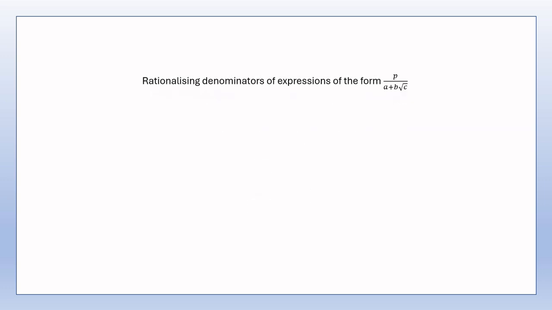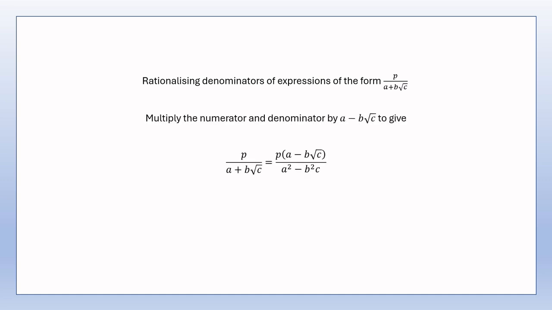Rationalising denominators of expressions of the form p over a plus b root c, where a and b will be assumed to be integers and c is a non-square integer. p can be anything again, but will often, but not always, be an integer. So here simply multiply the numerator and denominator by a minus b root c to give p over a plus b root c is equal to p times a minus b root c over a squared minus b squared c.